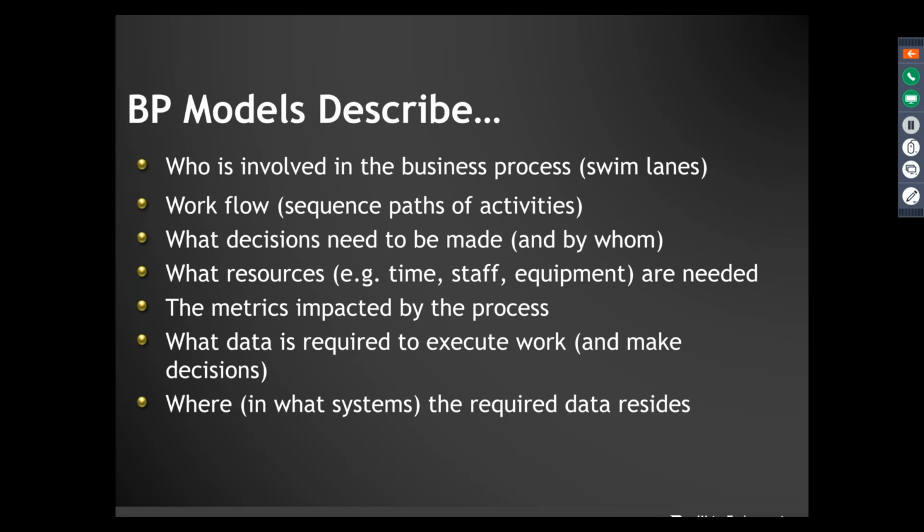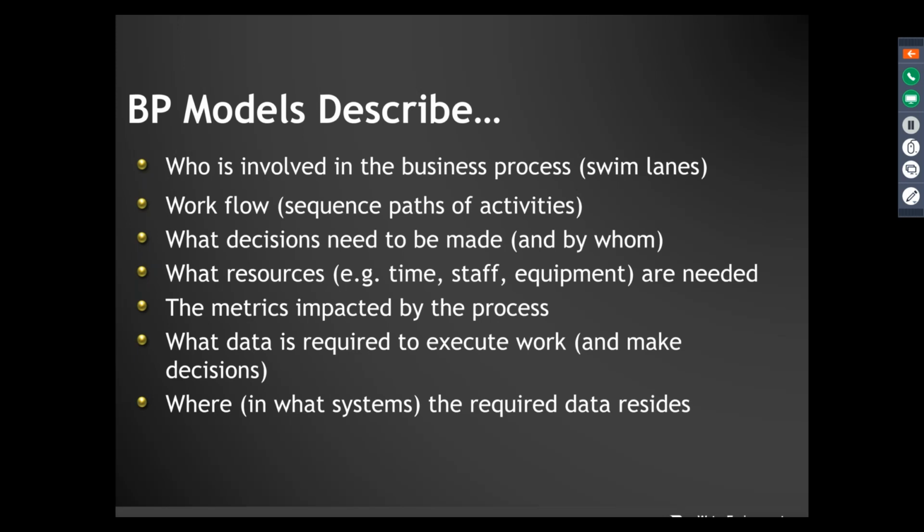So BPM modeling, business process models. What do they describe? They should describe who is involved in the business process, so the swim lanes, what the workflow or sequence of activities is, what decisions need to be made, and who's going to make those. Definitely what resources are going to be needed to complete this process: time, staff, and equipment.